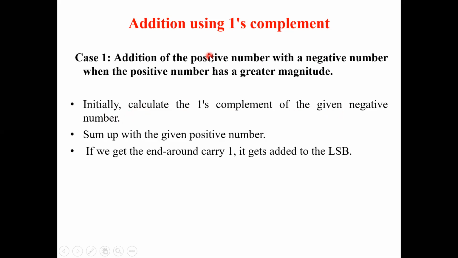You first calculate the ones complement of the negative number, and then add it to the positive number. Once you add, there might be a carry of 1. That carry you add to the last bit, the LSB.